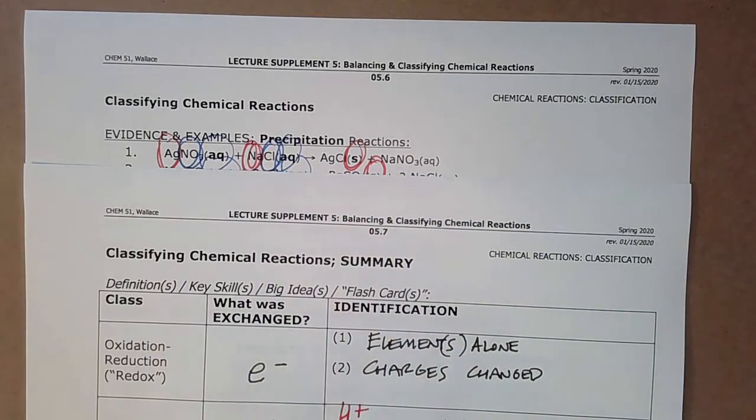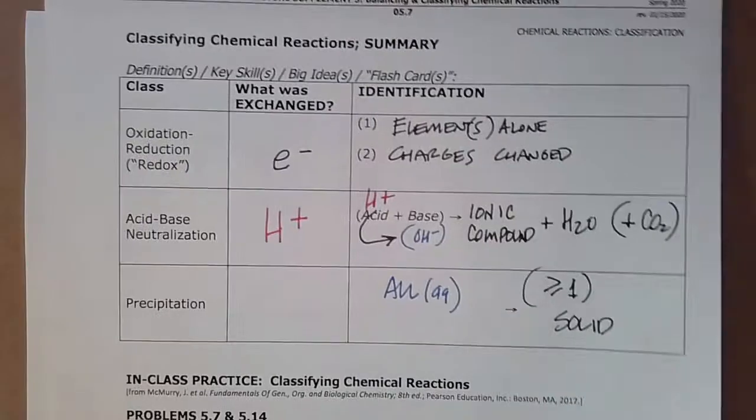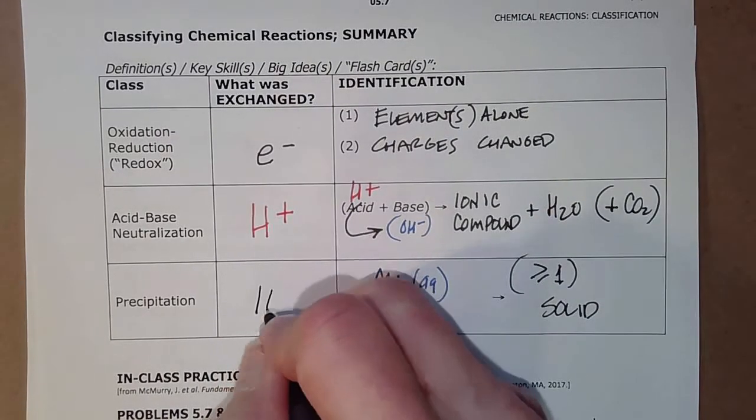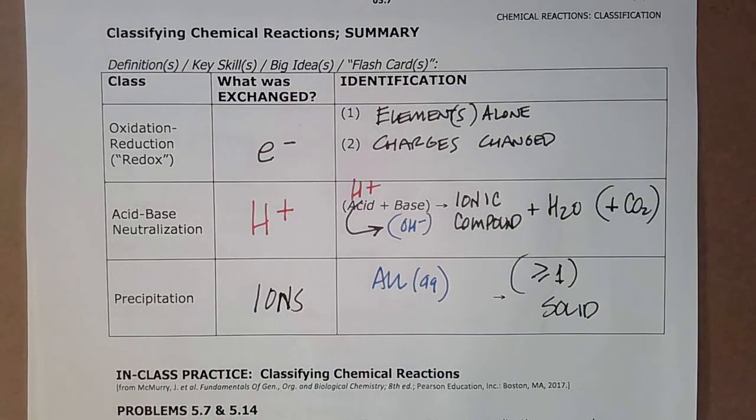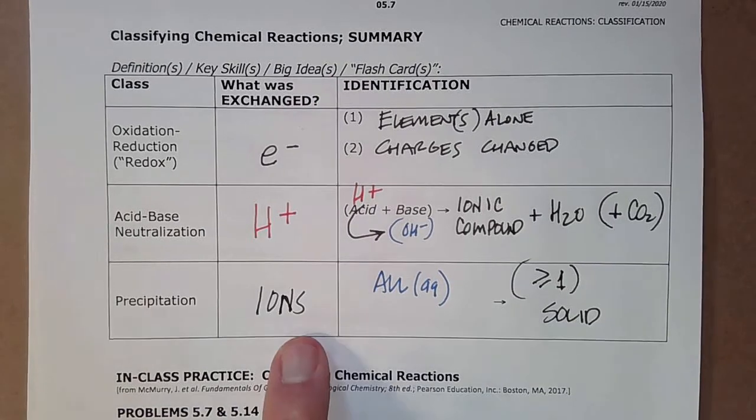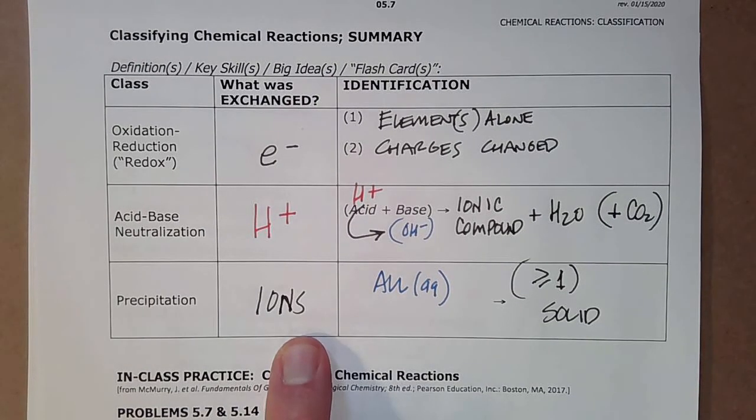Remember, this is like 8th grade. Like every week, the boys and girls or whatever are breaking up and they're with somebody else. So what's being exchanged there? Ions. So there's the mechanism, mostly the mechanism.